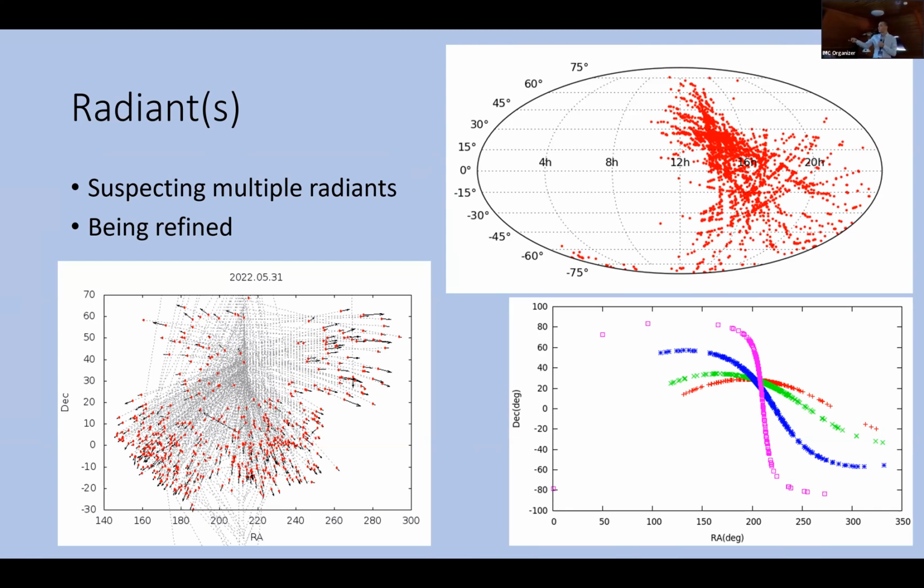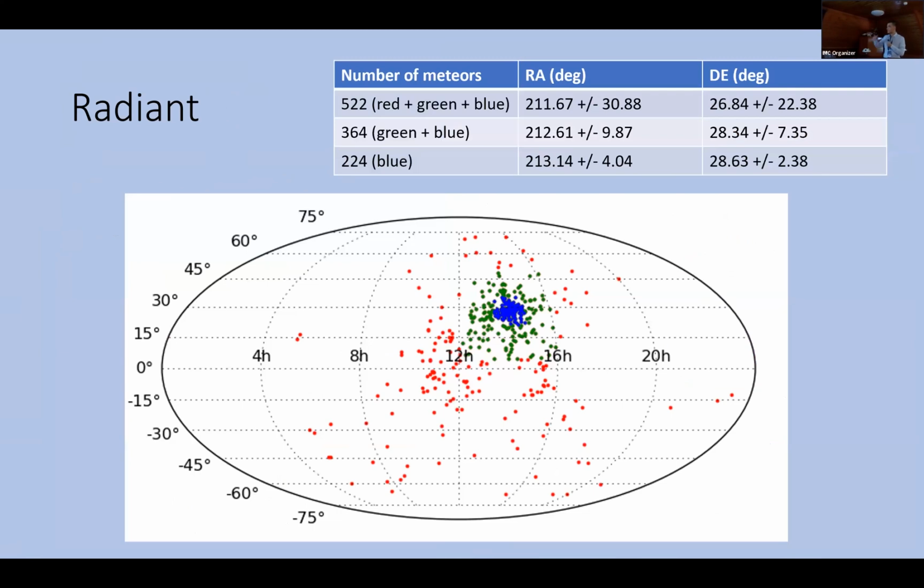We can also feel that there is a radiant, but the conclusive part was this, when we only counted those that are not sporadic. We thought they were not, but as you can see, we had many just random meteors all the way there.